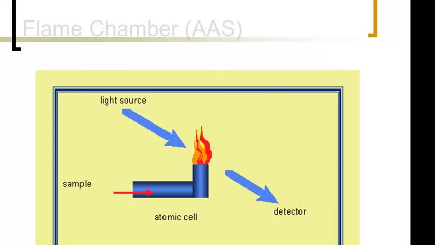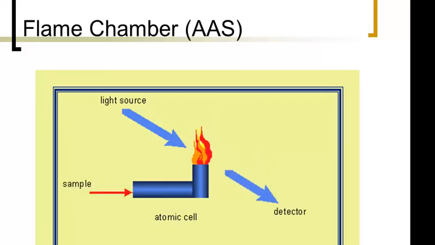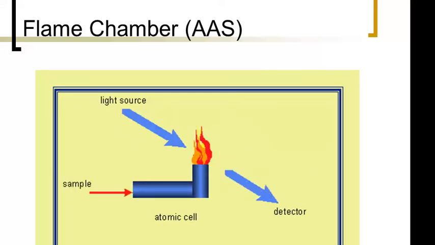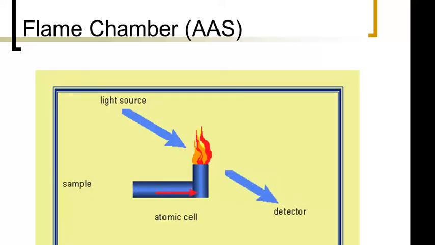All right, so that's what we want to see here. So the nebulizer changes it into a mist. The mist goes up into the flame. That begins to absorb the light that comes through, and that's why you see this arrow changing. When I pump sample through the flame, it absorbs the light. So less and less goes through and hits the detector. And that's why you see the animation the way that it's made.